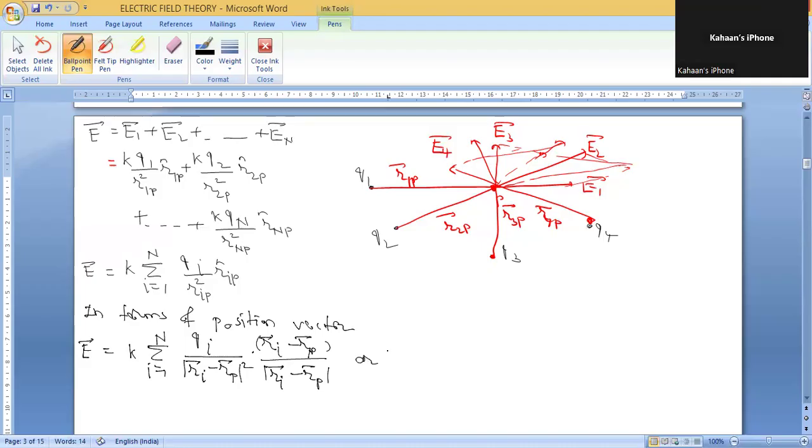Or we can also write E equal to K summation i equal to 1 to n, qi upon mod vector Ri minus Rp whole cube into Ri minus Rp.